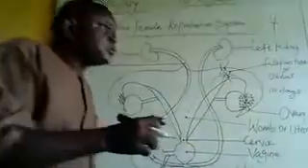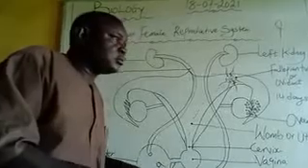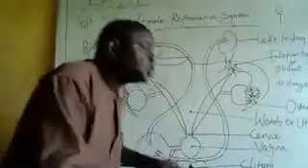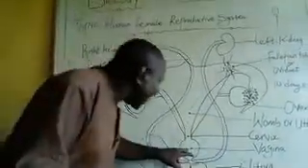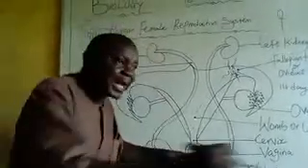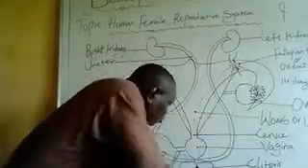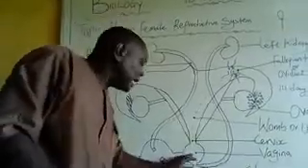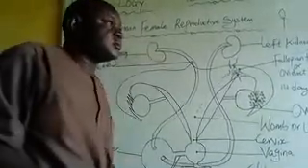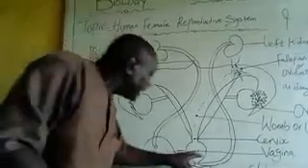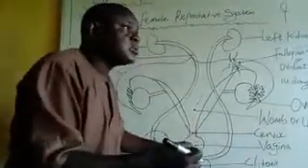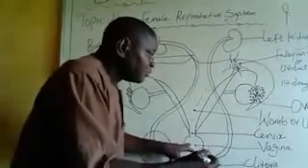Vagina is used for menstruation. It is used for urination. It serves as birth canal. That is to say, unborn baby passes through the vagina to the exterior. Vagina receives sperms from the penis.